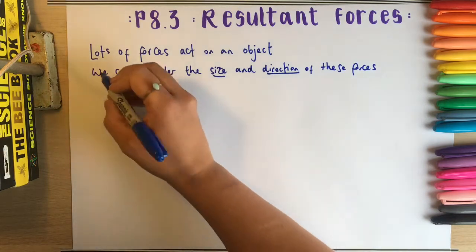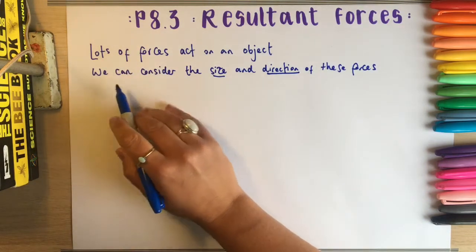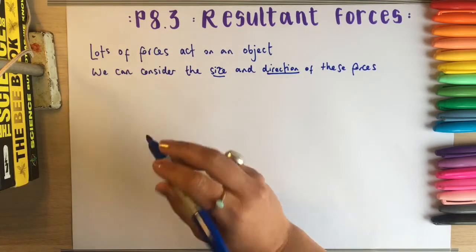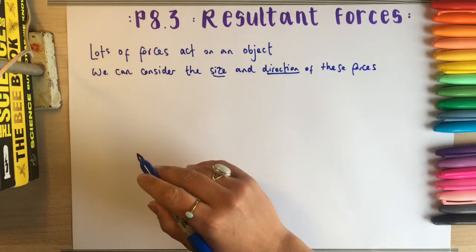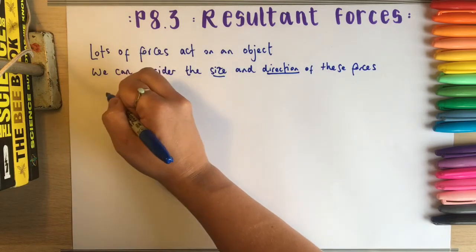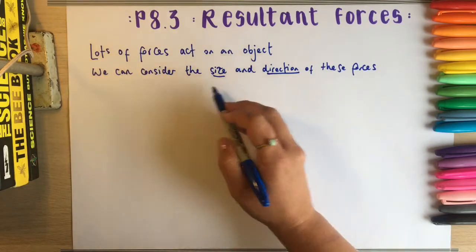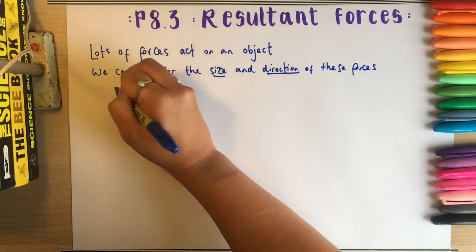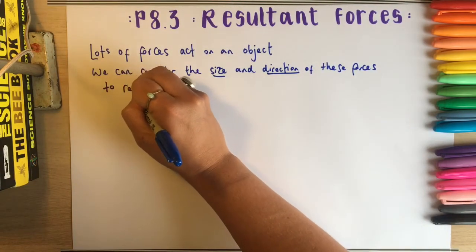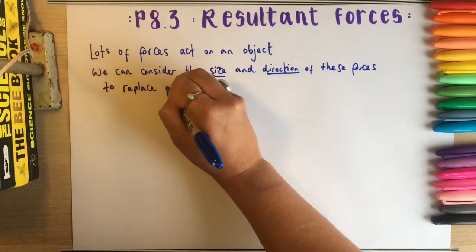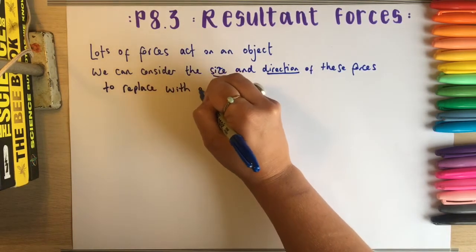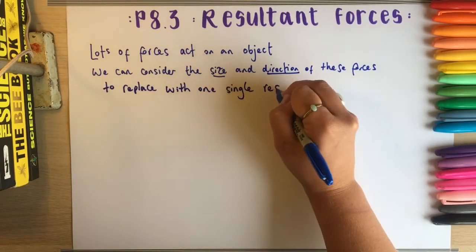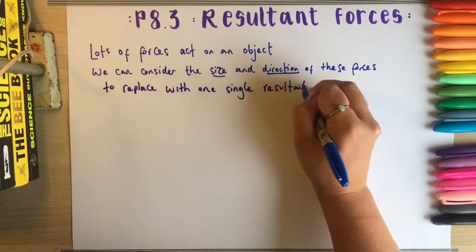Okay, and we can replace all of these different forces with one single force, and that single force is called the resultant force. So we can consider the size and direction of these forces to replace them with one single resultant force.